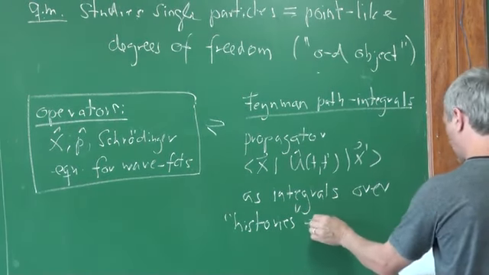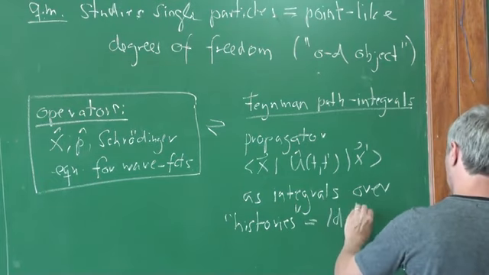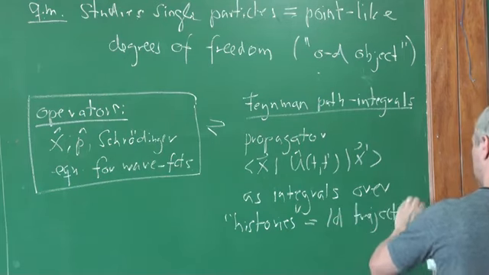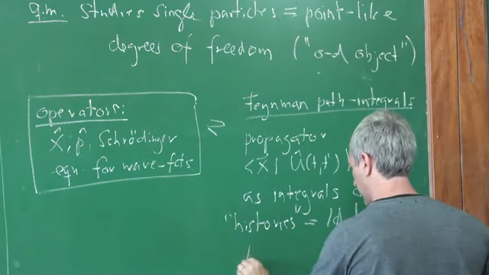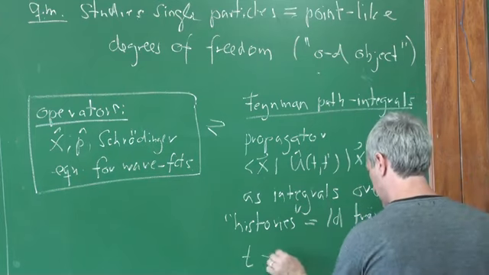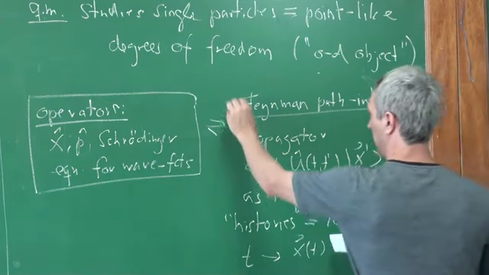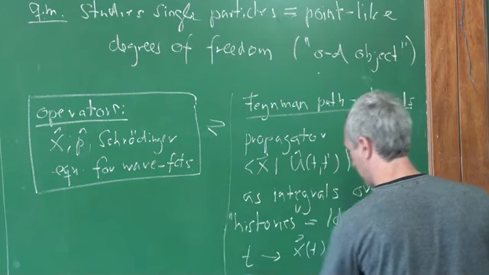Here, history refers to a one-dimensional trajectory: if the point-like particle, the zero-dimensional object, makes some trajectory in space, then this trajectory can be viewed as a 1D path.